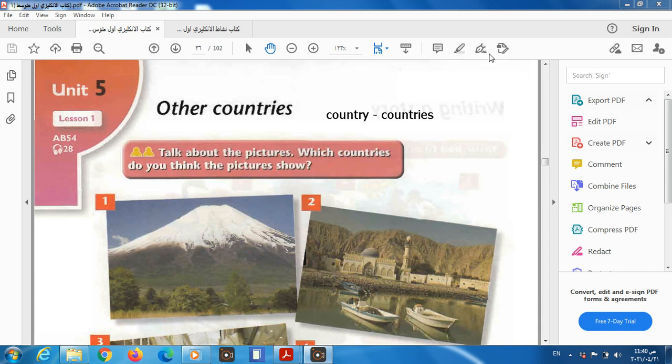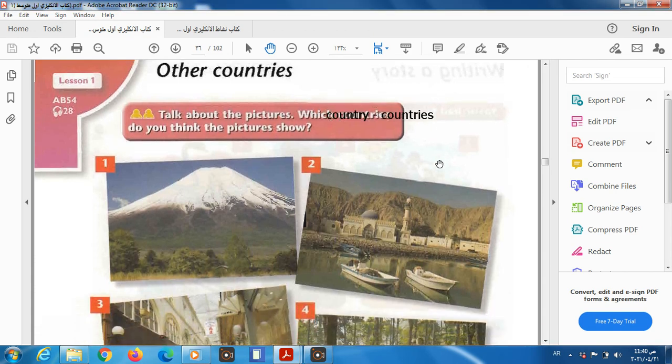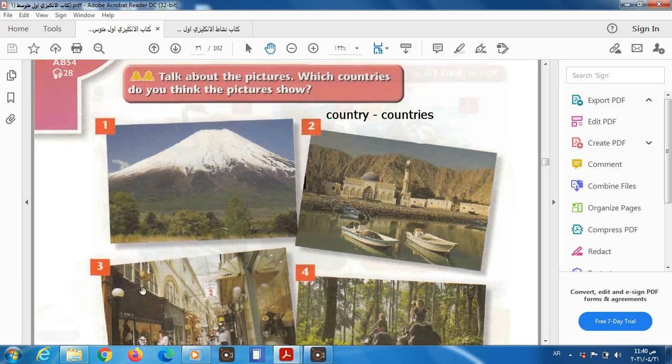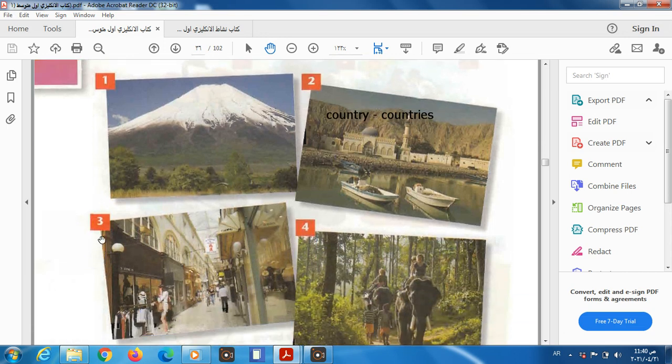Which country do you think the pictures show? We have here four pictures. Number 1, number 2, and here is number 3, number 4.